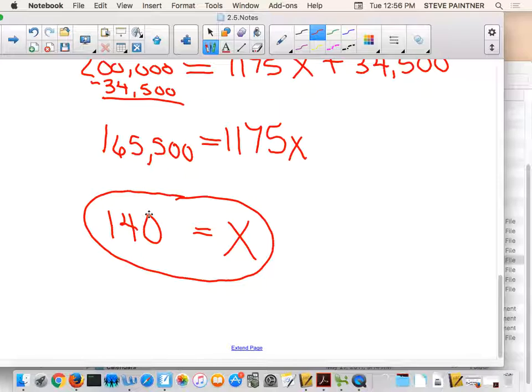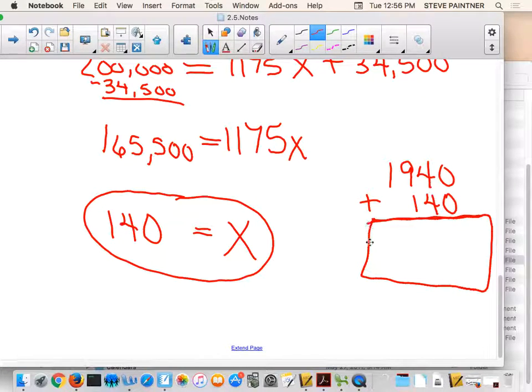Your X stood for the number of years after 1940. You'd have to take this, go back to your 1940 and add the 140 onto it. We're talking what year? The year 2080. That's when they should be around 200,000.